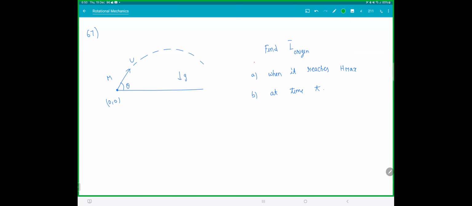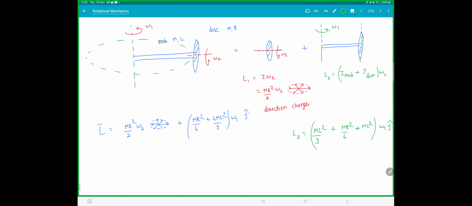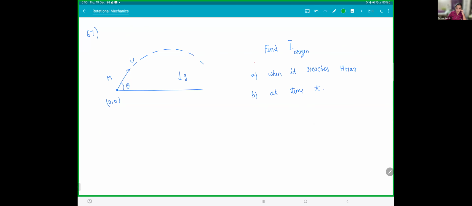Purvaja, the direction part is clear, na? No, I never wrote j cap. Where did you think I wrote j cap? See, look at this circle thing. How did I draw it?